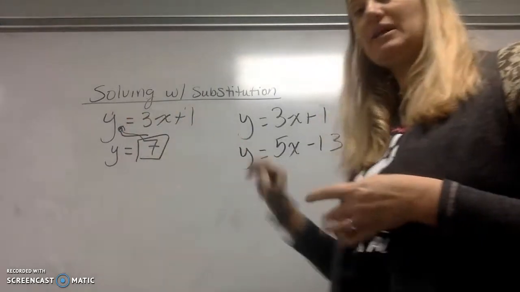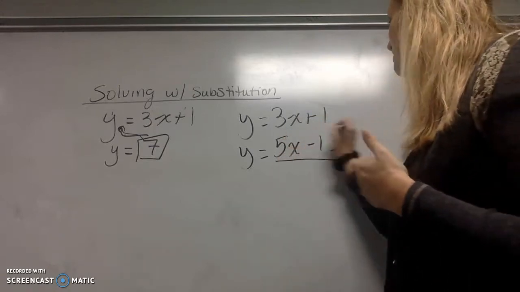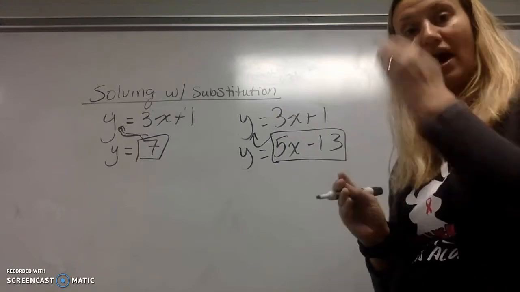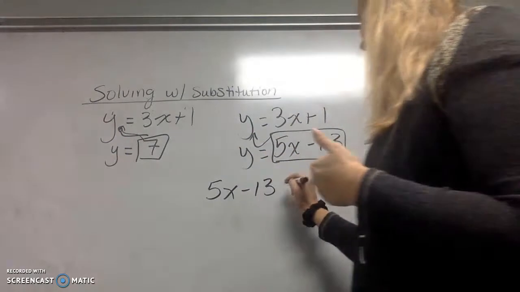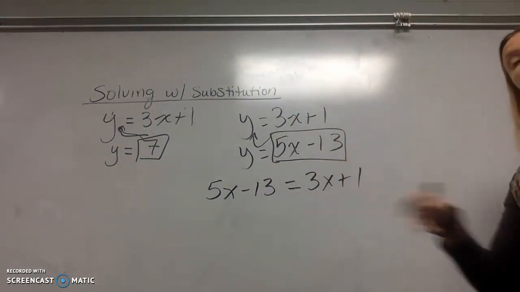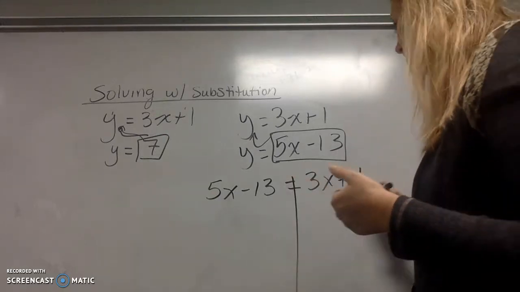Yes, that was a single number. Here I'm going to plug an entire expression in. So I'm still going to take what y equals and I'm going to plug it in to that y. So what I have is 5x minus 13 equals 3x plus 1. And what we have created is a variable on each side situation, which we have solved before.